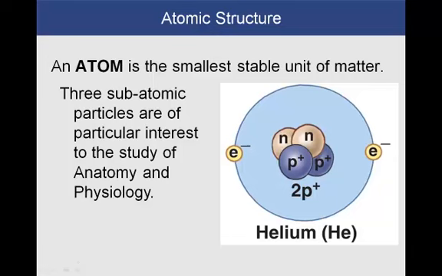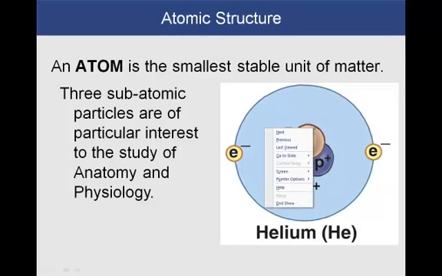The atom is the smallest stable unit of matter. There are three subatomic particles that we're interested in when we're dealing with anatomy and physiology. The proton, which you find here in the center, which is called the nucleus. The neutrons you also find here in the center of the atom.